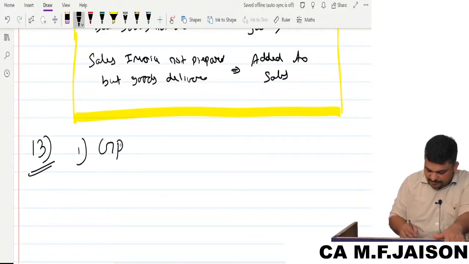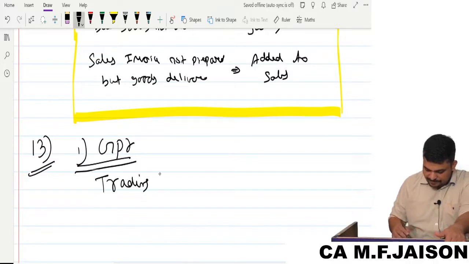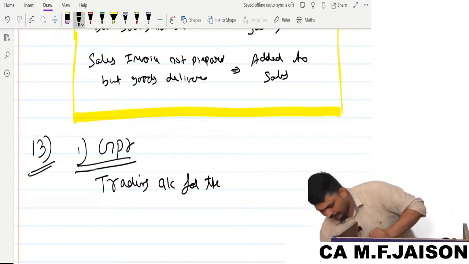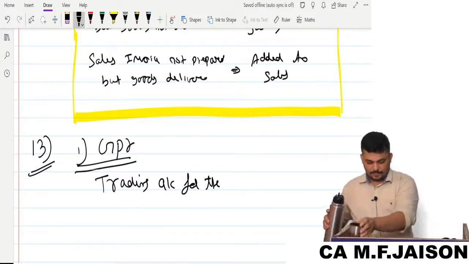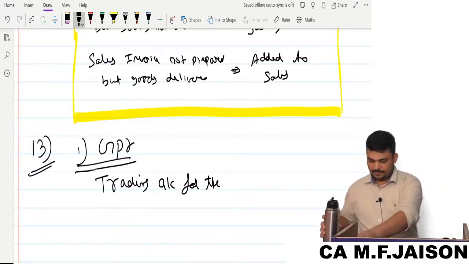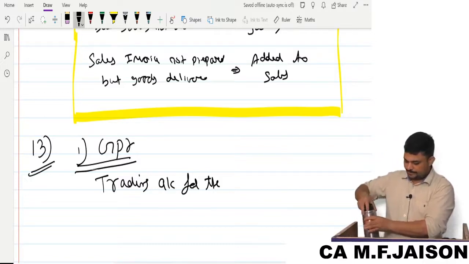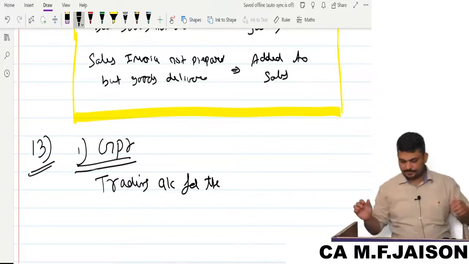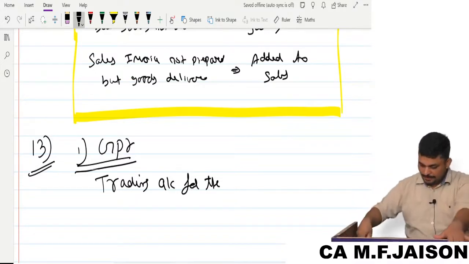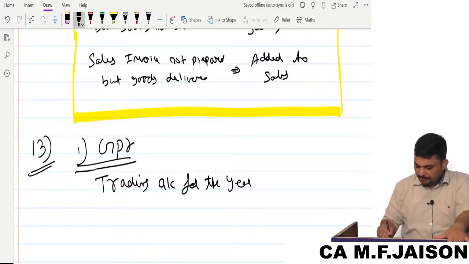First step is GPR, for which we prepare the trading account for the year 2019-20.